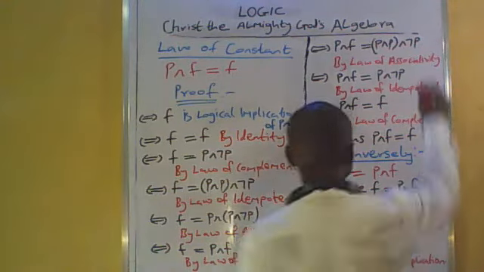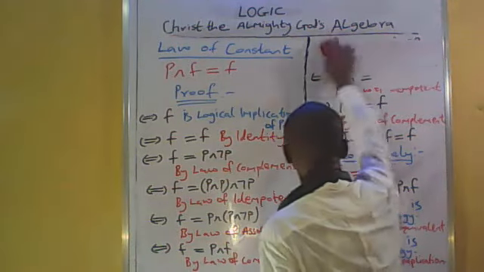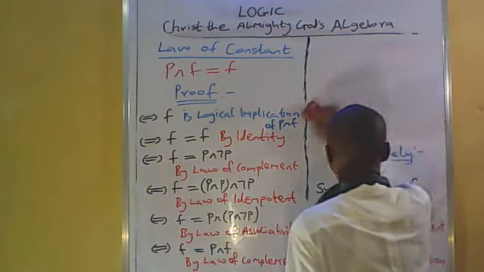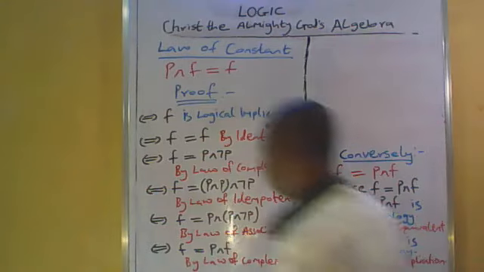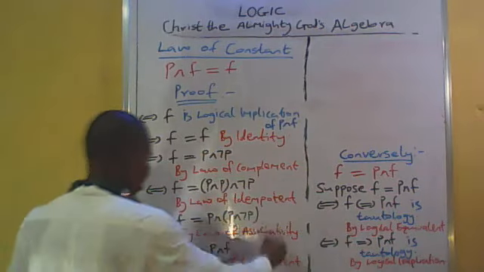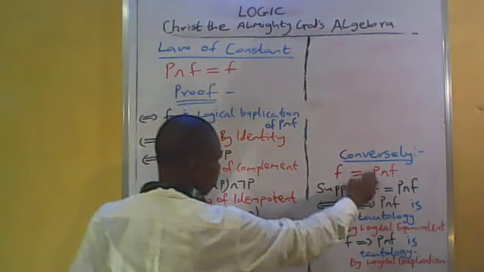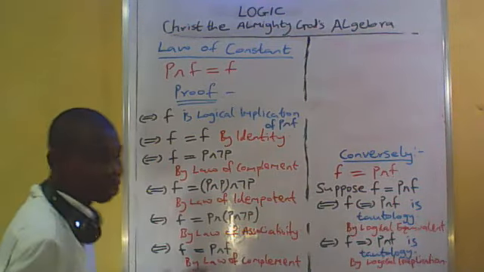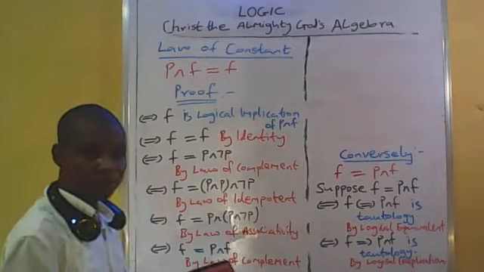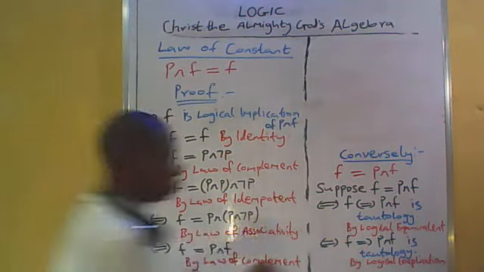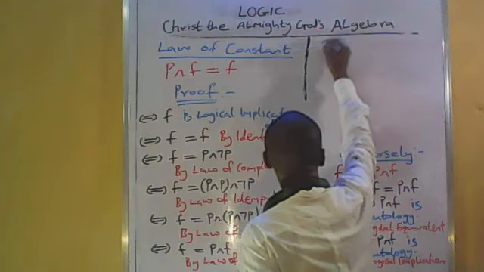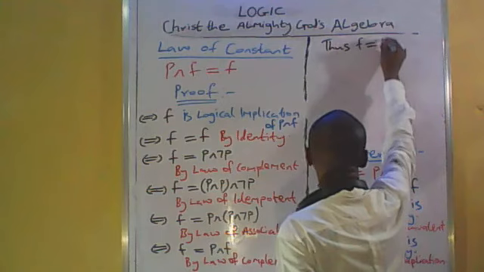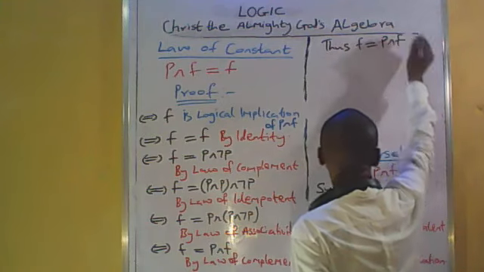We go to this side. You see that we have not proved that, we have proved the converse, that f is equal to p and f. So we have proved the hypothesis. We then conclude, thus, f is equal to p and f.